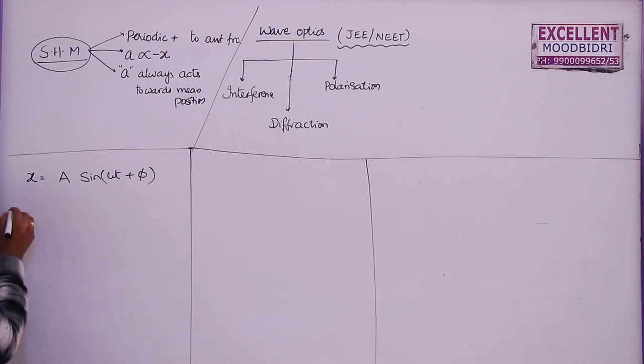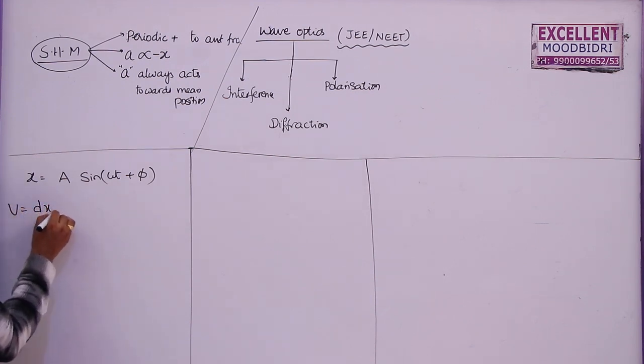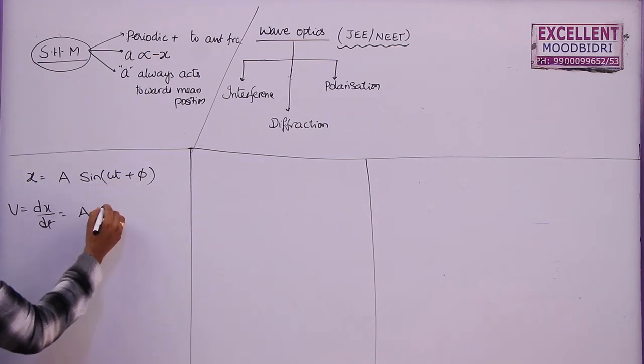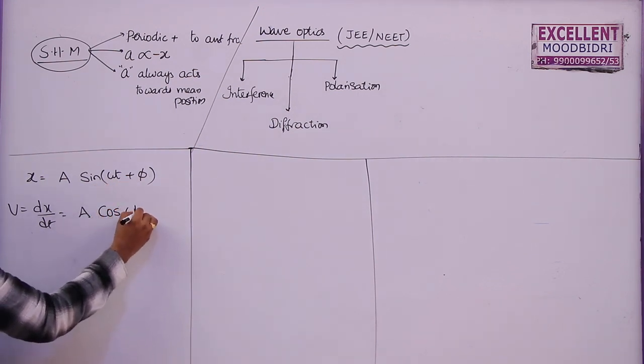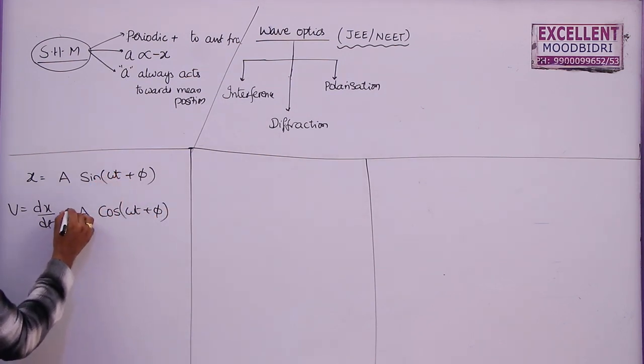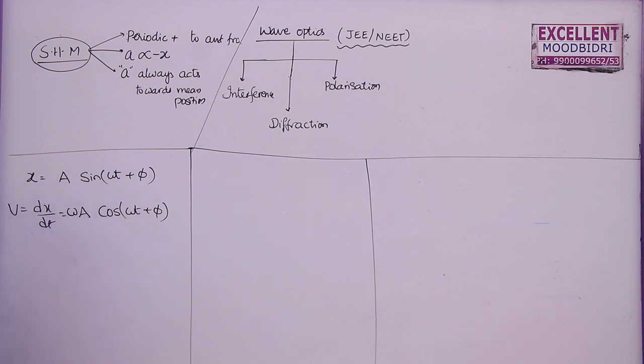Now, how to get the velocity here? Velocity is equal to dx by dt, that is a sin(omega t plus phi) will become cos(omega t plus phi), and from the chain rule this will become omega a cos(omega t plus phi).